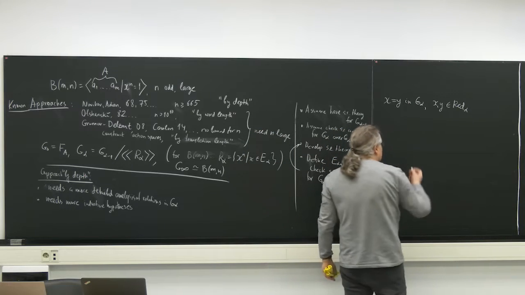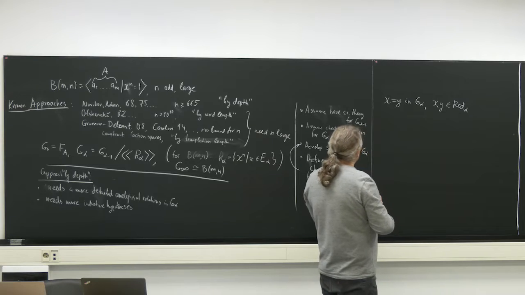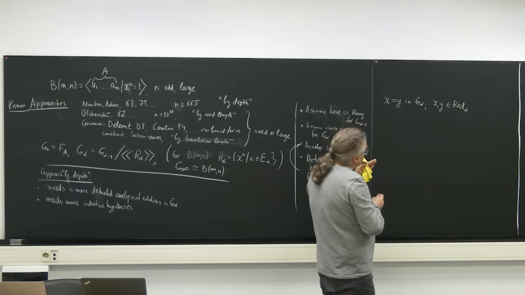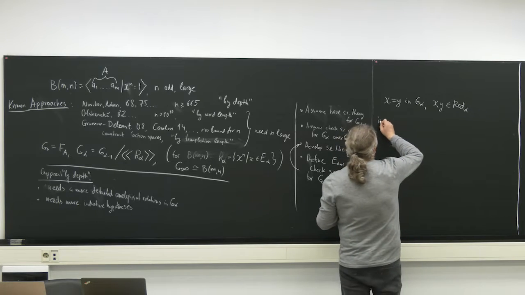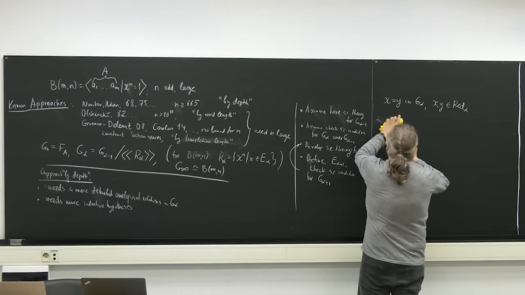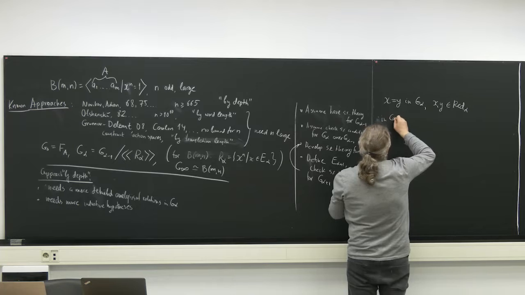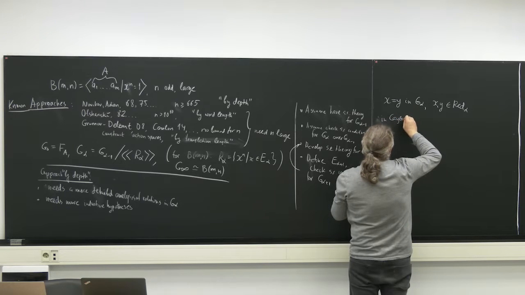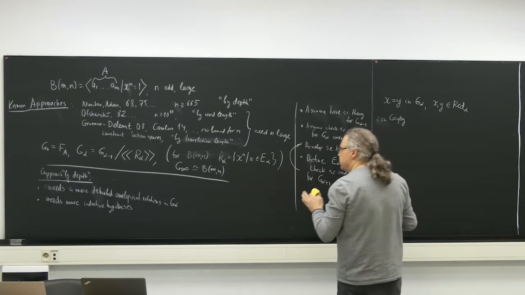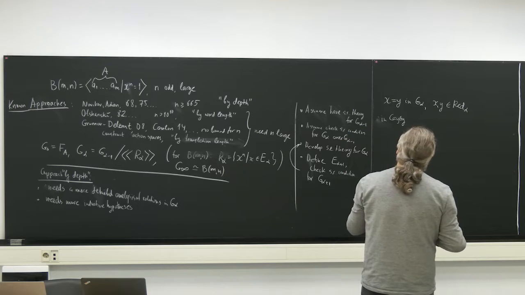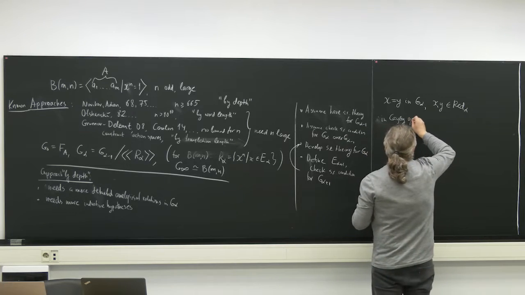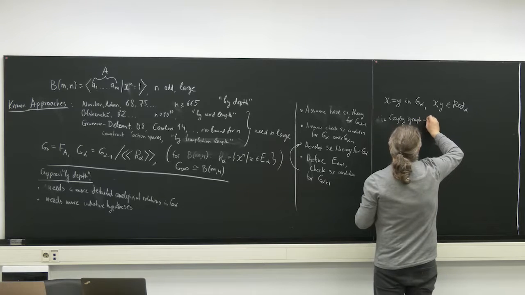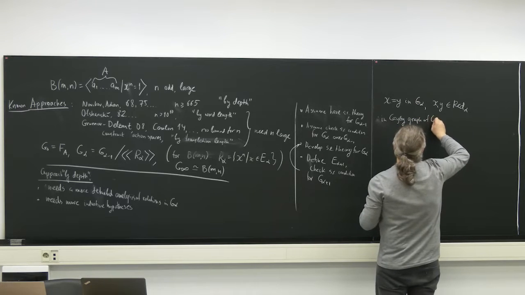And the point is that I will draw pictures in the Cayley graph. So my working space actually is the Cayley graph of G alpha.